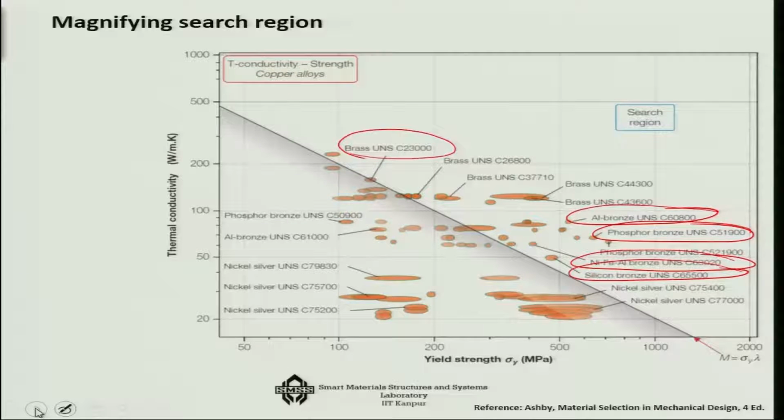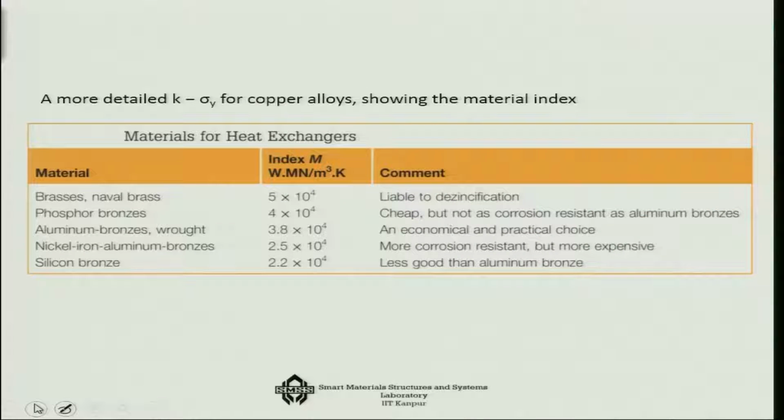If I look at it further, you will see that the brasses like naval brass have the highest K sigma y index, 5 into 10 to the power 4. The only problem is that for naval applications there is de-zincification, that means it is susceptible to environmental pollution.